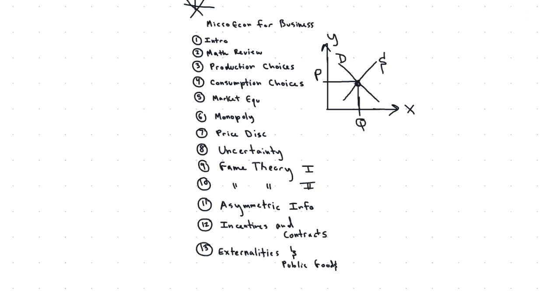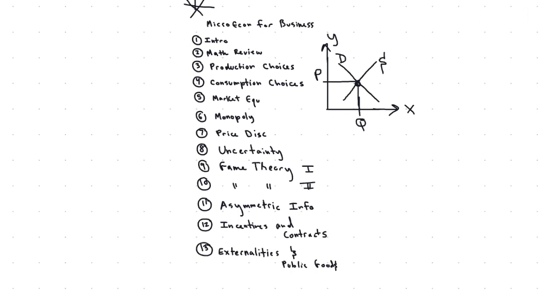So chapter three, production choices, can be defined as the set of choices society faces for the combinations of goods and services it can produce, given the resources available. I guess kind of what we produce, given what we have, and things like that.